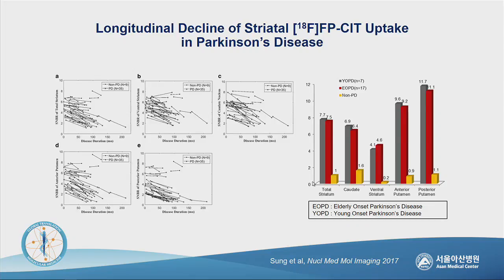And there was no significant difference between elderly onset Parkinson's disease and younger onset Parkinson's disease. In contrast, in secondary Parkinsonism or essential tremor, uptake decreased by less than 1% per year, its aging effects almost.